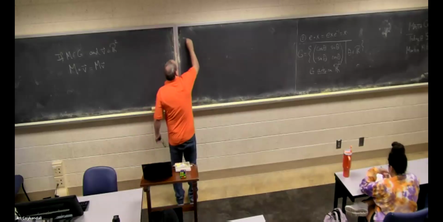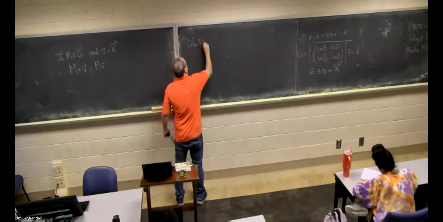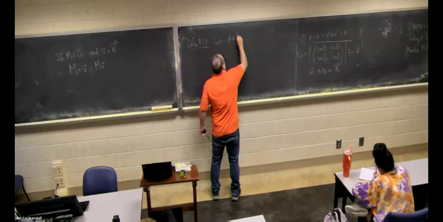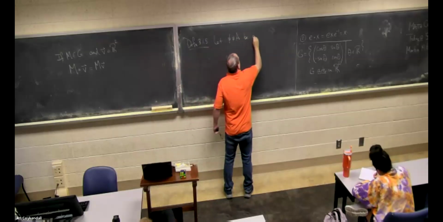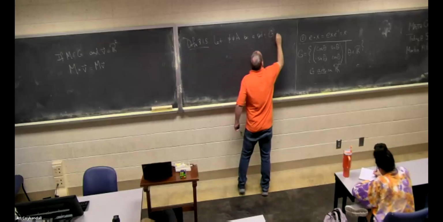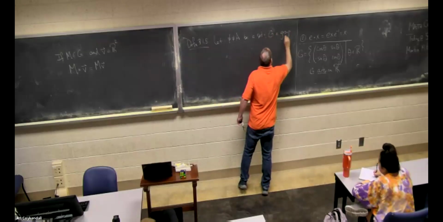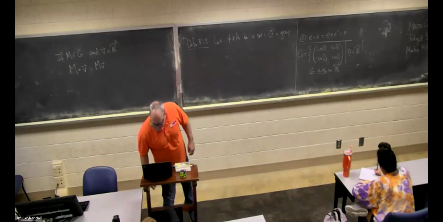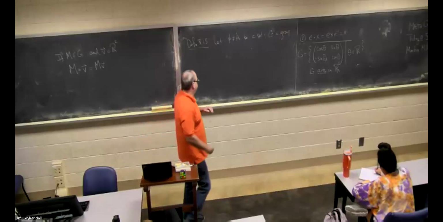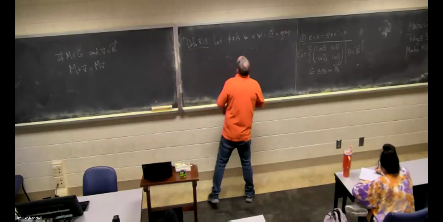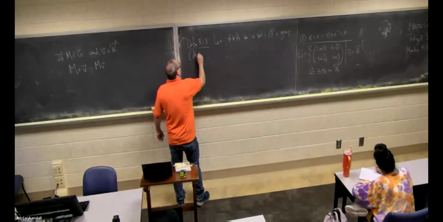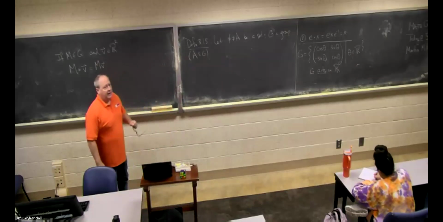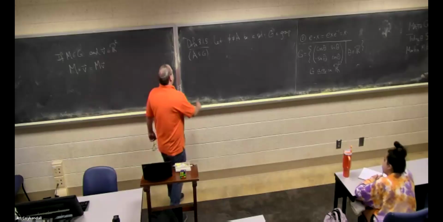Definition, and these are defined via a set. Actually, I'm going to make this clear here. In this definition, I want A to be a non-empty set, and I want it to be a subset of G.